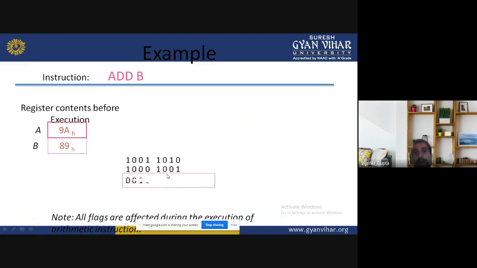Now we are doing the addition. How will we do it? 0 plus 1, what do you get? 1. 1 plus 0, 1. 0 plus 0, 0. As in previous classes in digital electronics, in binary addition 0 plus 0 is 0, 0 plus 1 is 1, 1 plus 0 is 1, and 1 plus 1 is 0 and carry 1.